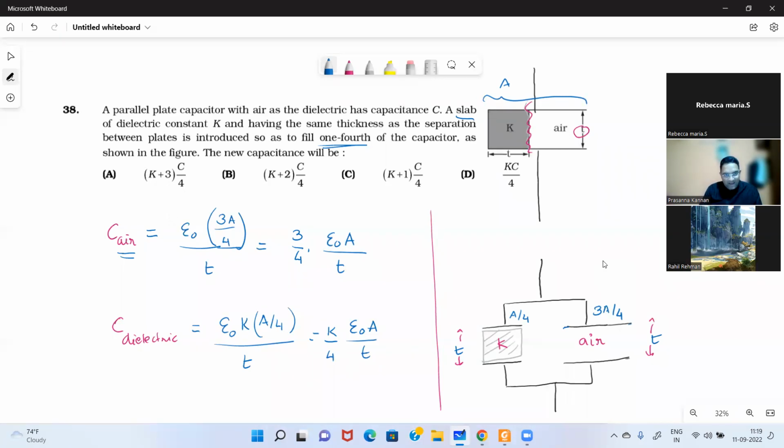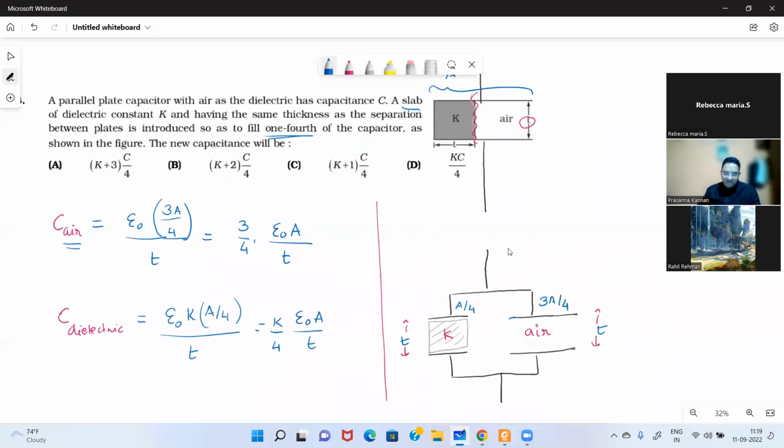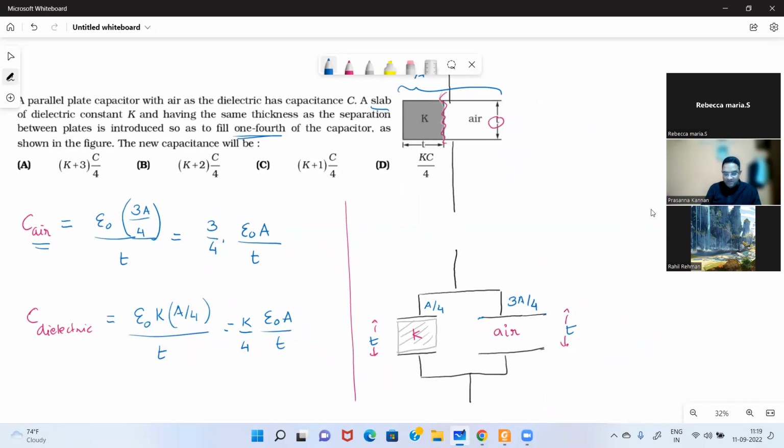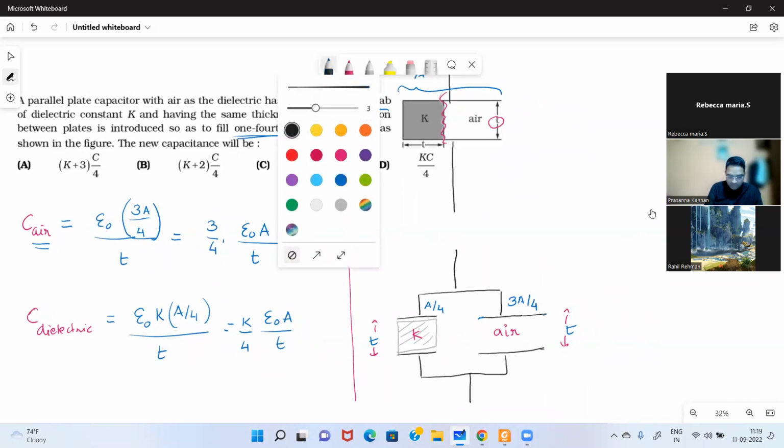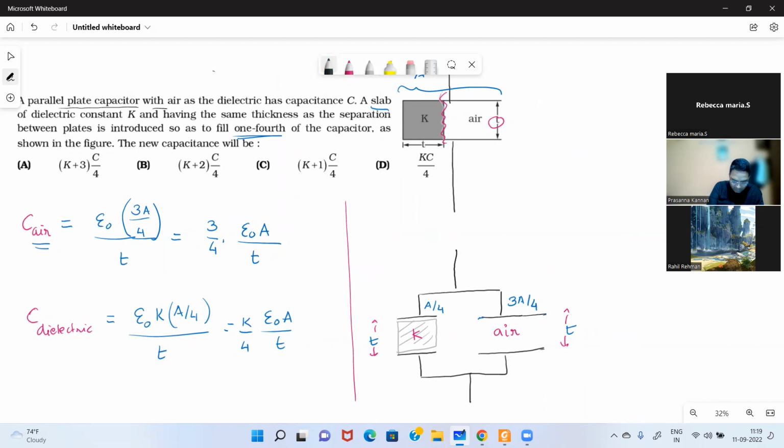But the parallel plate capacitor with air as the dielectric has the capacitance C. That means, if you look at the first statement, a parallel plate capacitor with air as the dielectric has capacitance C, which means if it is completely filled only by air, then what is the capacitance given by C in this question?